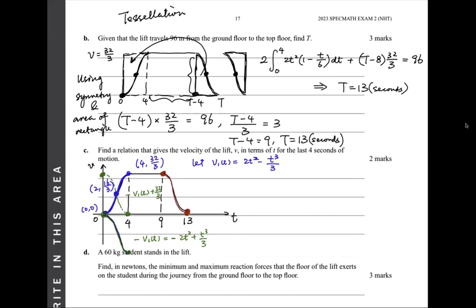So basically, a reflection in the t-axis, translate 32/3 up, then translate 9 units to the right, okay? So I'm expecting some sort of relation like V of t equals minus V1 of t minus 9 plus 32/3.